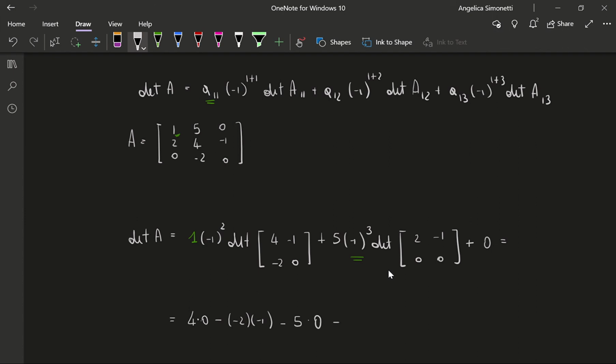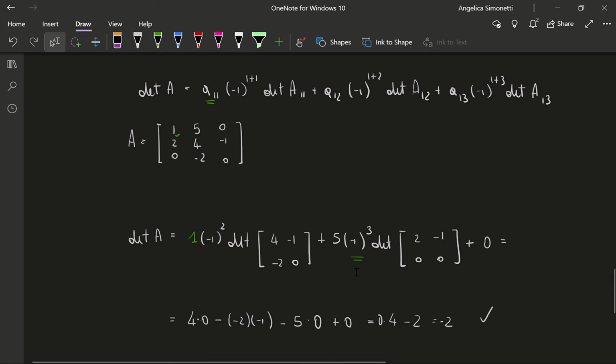So this is 0, and then plus 0, which gives us 0 minus 2 times 1, which is 2. Okay, so the determinant in this case is actually, oops, sorry. This is 0 times 4. So this gives you minus 2.